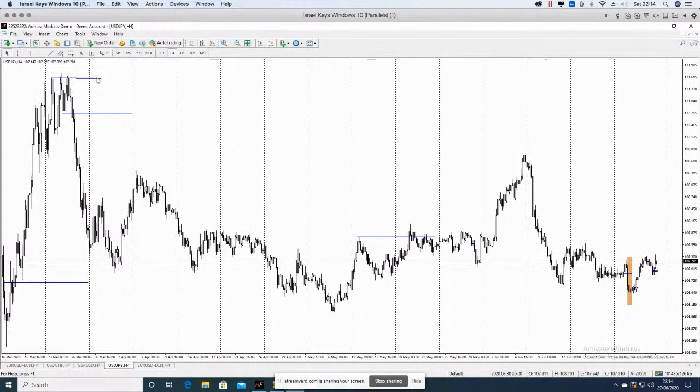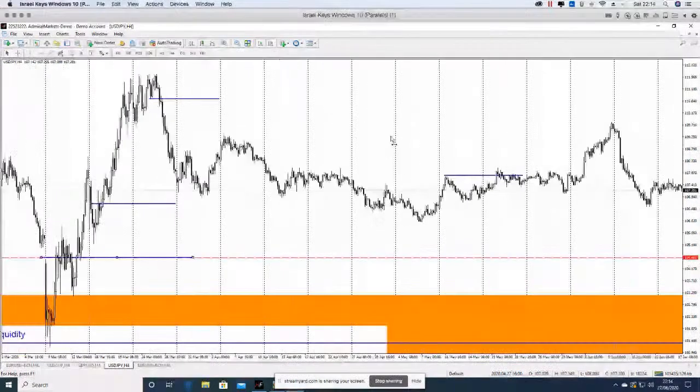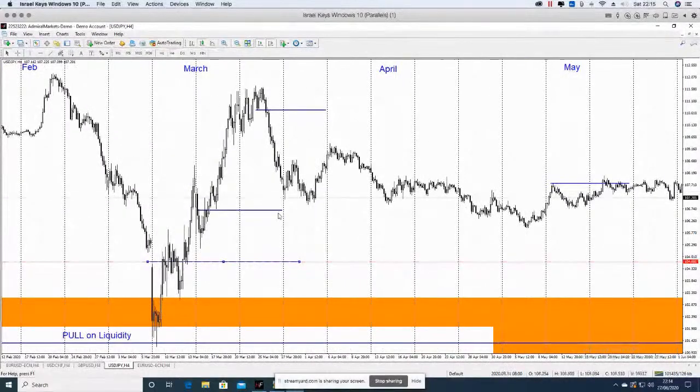Let's take these off for now. So let's start from here. Remember, we're looking for telltale signs, right? Stop hunts, market structure breaks. But how do you know which of them were sponsored by market makers?